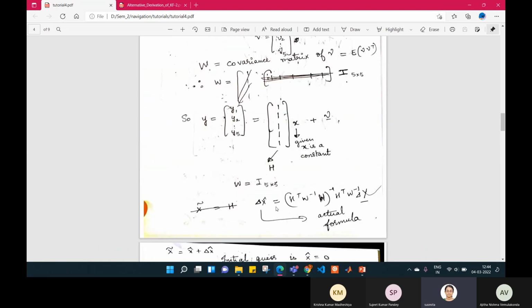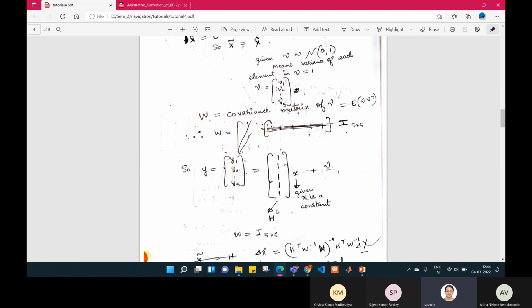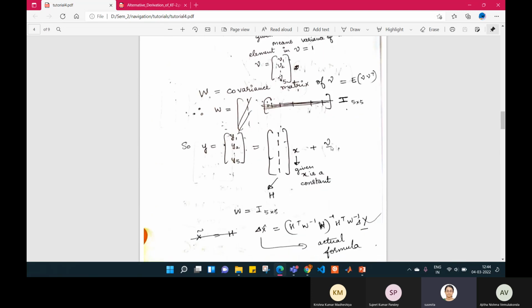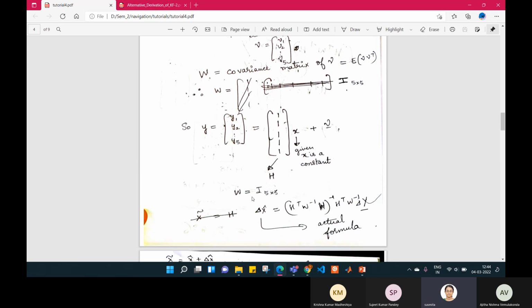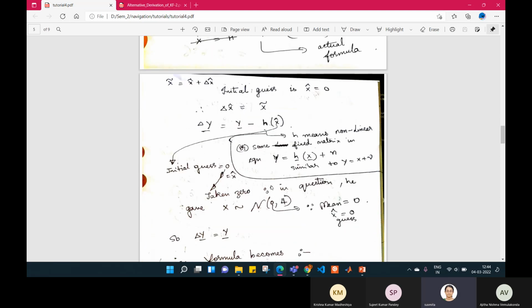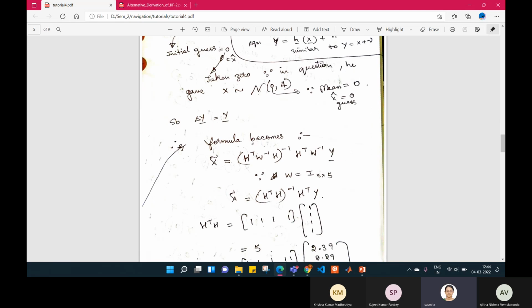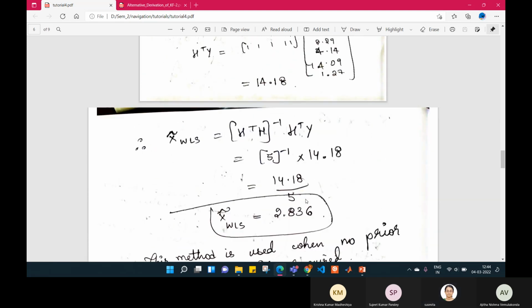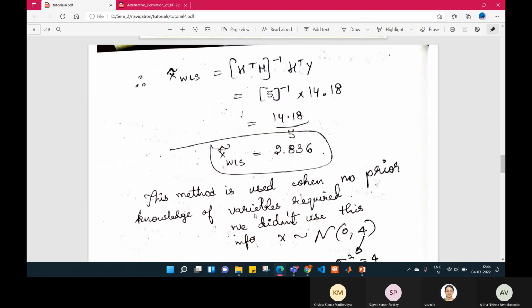H is 1, a column of 1s. W, the covariance of nu, I took as the identity matrix. Then the formula we learned was applied, and I got the estimate value as 2.836.